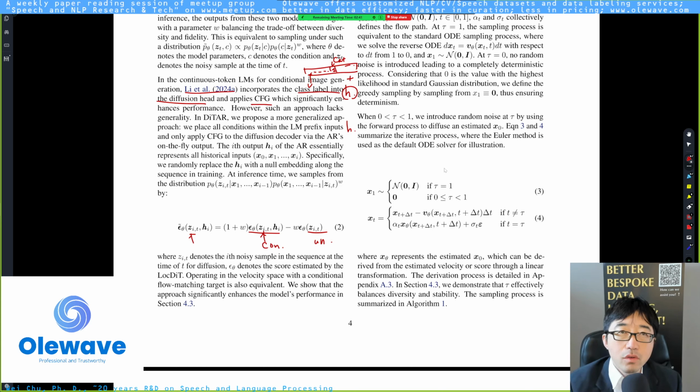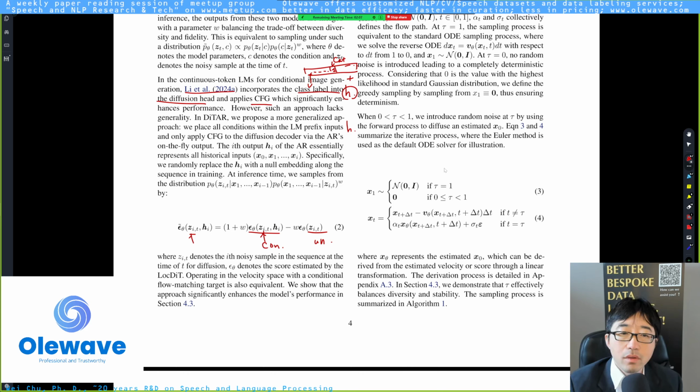This is for more robustly generating the image or speech. So when you have omega equal to 0, that's the standard usage of it. But once you turn omega less than 0, that means you want to have more weight for the unconditional cases.